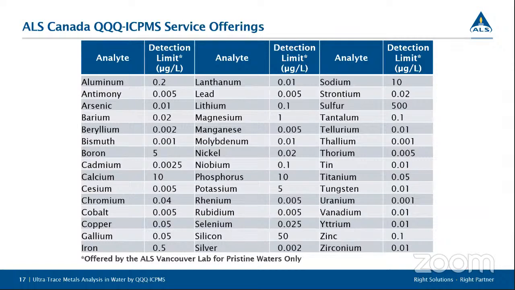Arsenic at 10 nanograms per liter, about 10 times lower than the routine, and selenium at 25 nanograms per liter, about half of what routine currently offers. As May mentioned, this slide will be sent out at the end, so you don't need to rush and write all these down.